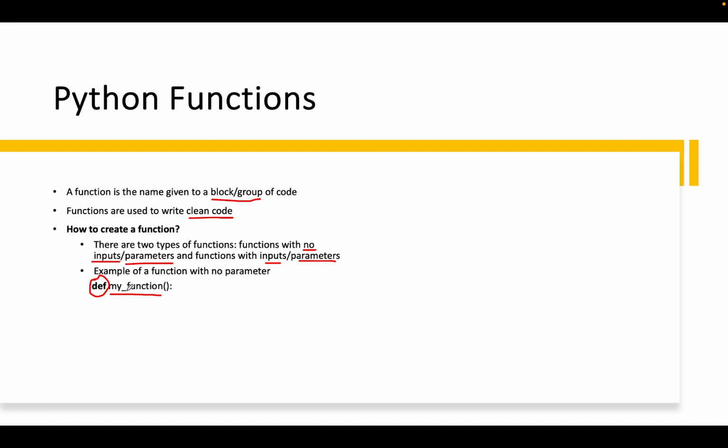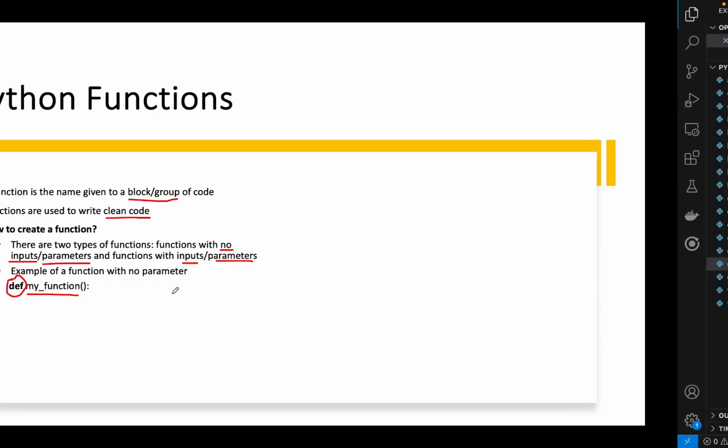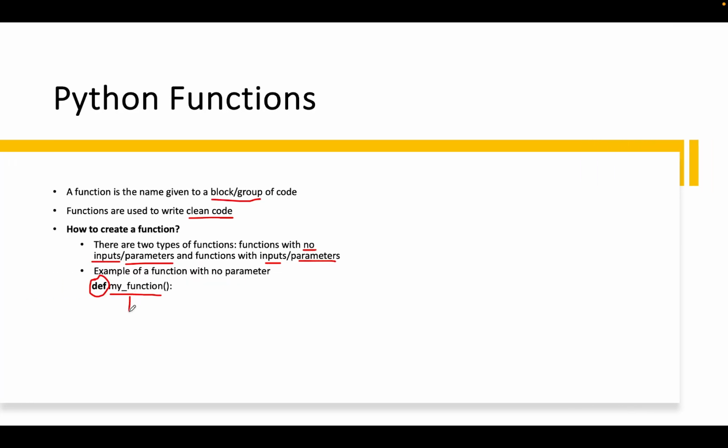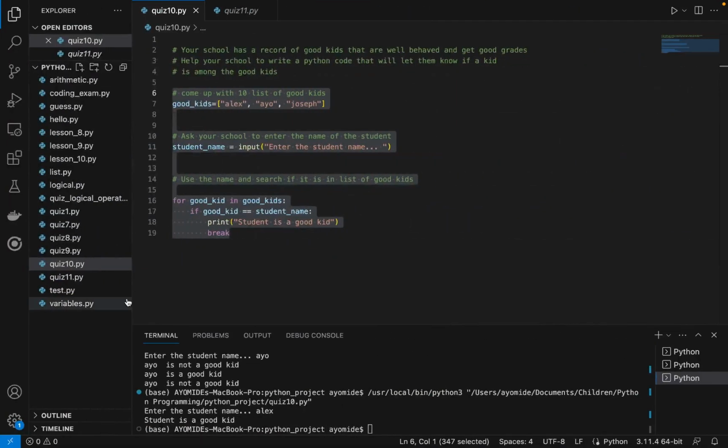We can put an underscore, but you can't put a space, and you can't put a hyphen. So you say def, space, then the function name with no space in it, then you put a colon. Then you put your code down here. I'll show you guys, right?